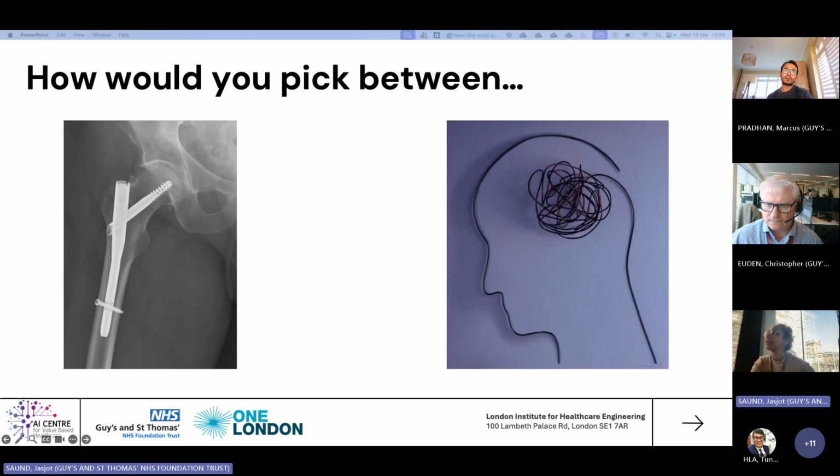For example, an intervention that reduces mortality in hip fracture, versus an intervention that maybe improves outcomes for people with depression or anxiety. How would you compare these? What sort of questions might you ask if you were the one deciding which one to implement?